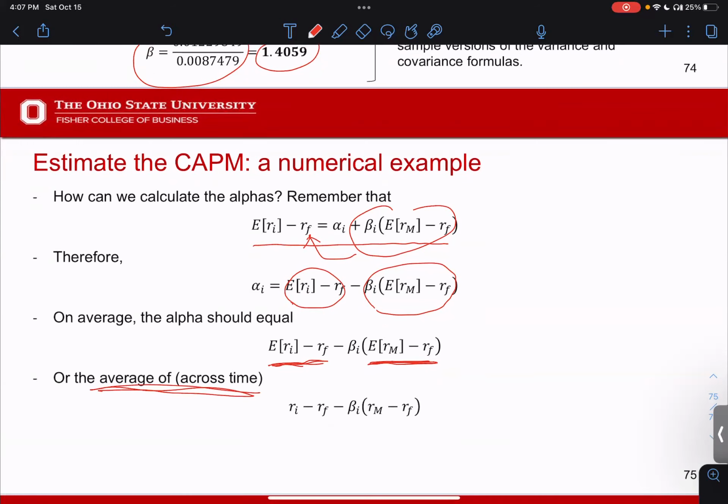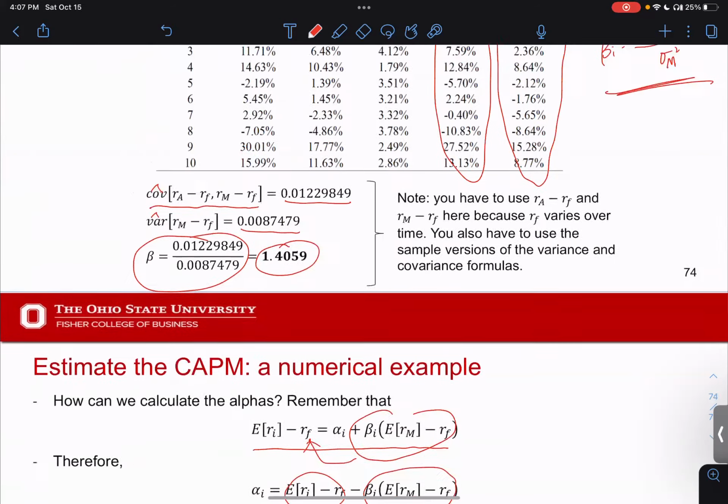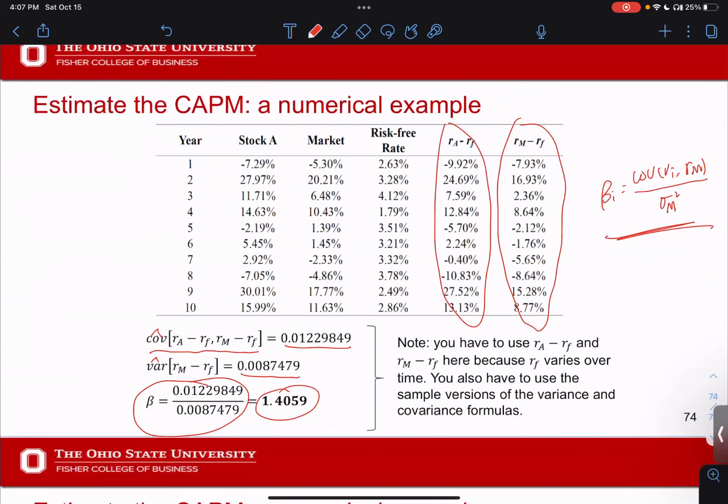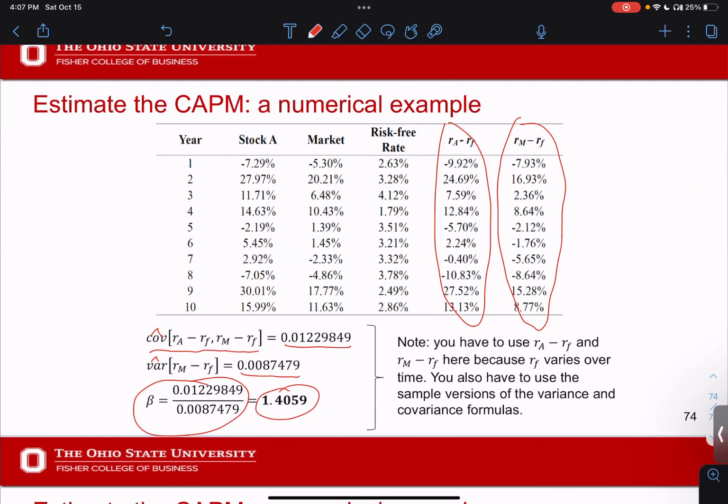So for example, here, you get beta, okay? Beta equals 1.41. You can use beta to calculate another column. Let's call it RA minus RF minus beta times RM minus RF.